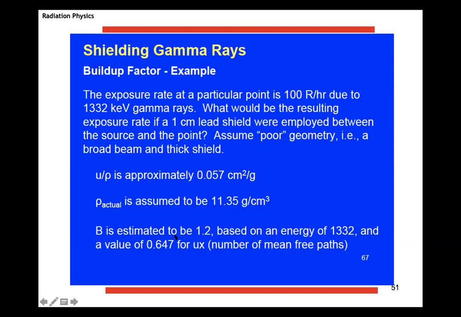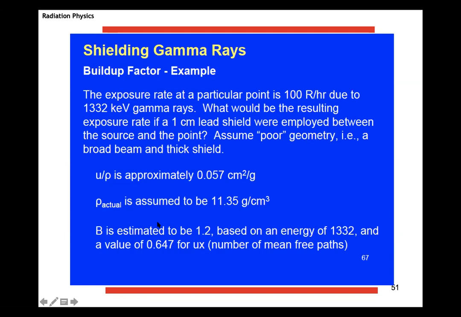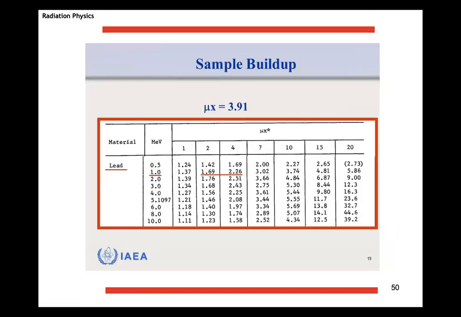Now B is estimated to be 1.2 based on an energy of 1.332 MeV and a value of 0.647 for the number of mean free paths. So this is probably clear here. It says 1.2 for lead because the energy is somewhere in the order of 1 MeV, and the number of mean free paths is less than 1.